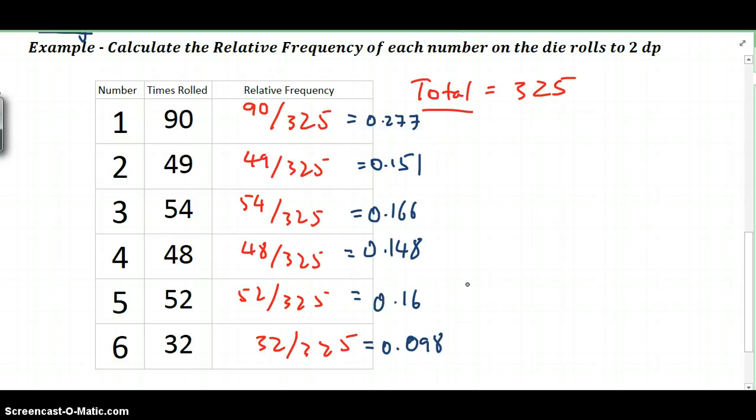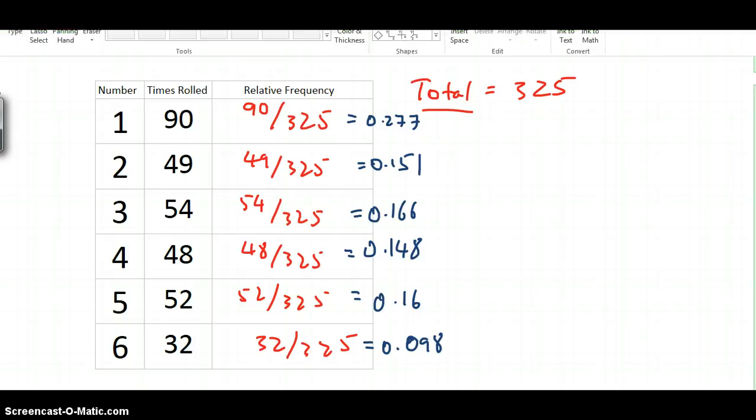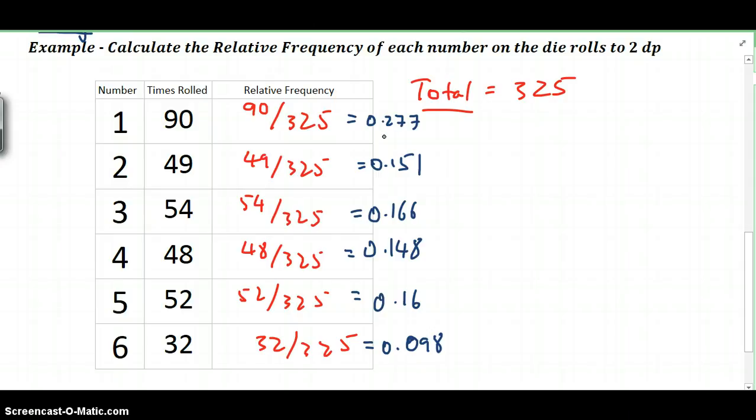So if we look at the relative frequencies of these particular rolls, my question to you is, is this a fair die? In other words, is the relative frequency for each of these rolls equal? The answer is no, because you can see that number 1 comes up 27% of the time, or 0.277 of the time. Whereas in this particular case here, you can see that it comes up 0.09 of the time.